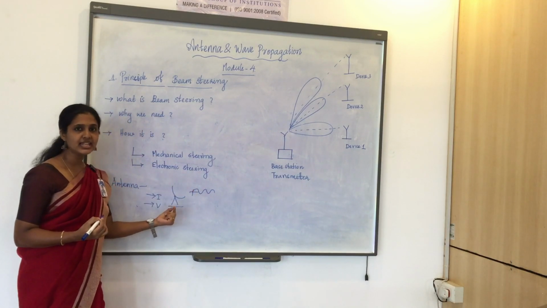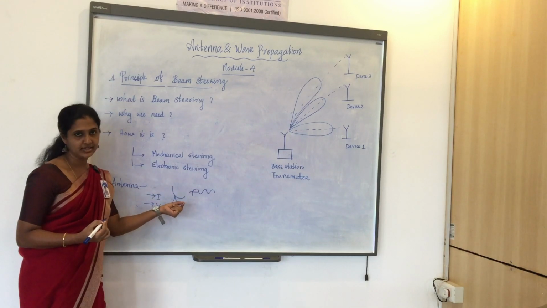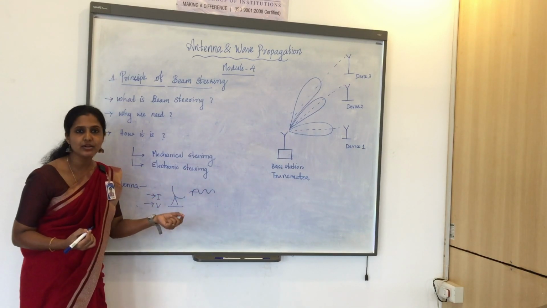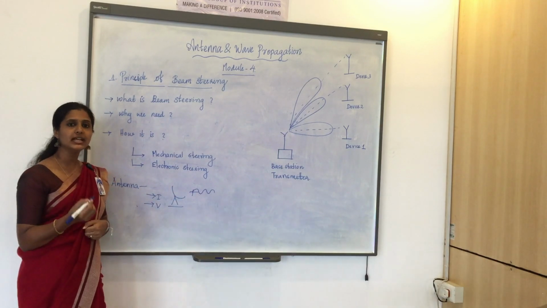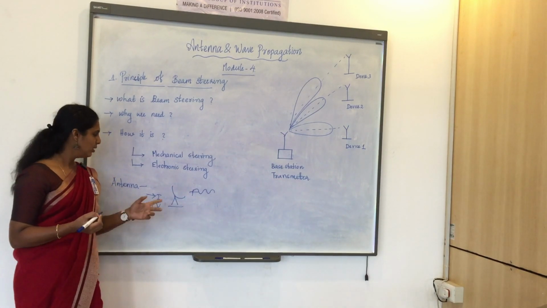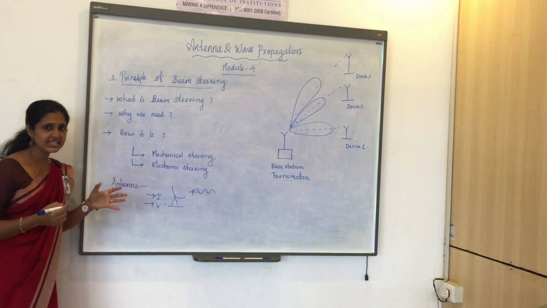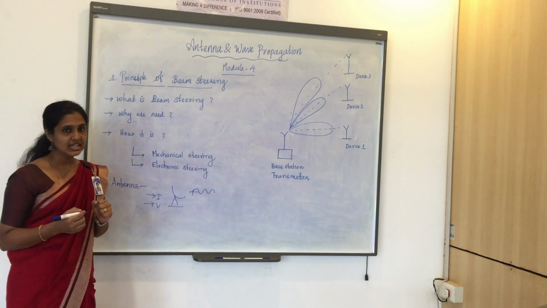At the receiving end it is vice versa: it receives the electromagnetic wave and converts it into corresponding current and voltages. That's the basic principle of an antenna.